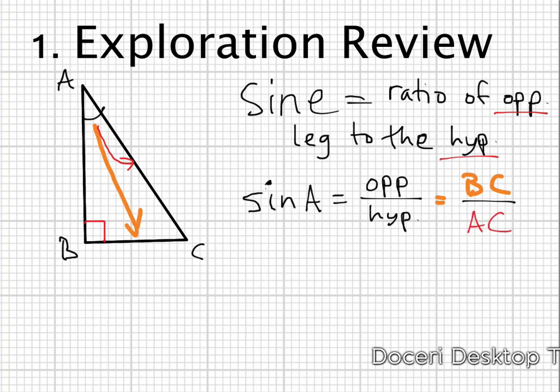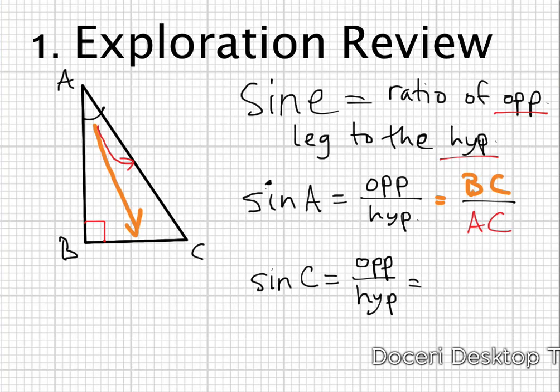Okay? So, sine of A is always going to be opposite leg over the hypotenuse. In this situation, it's BC over AC. If I ask you to find the sine of C, it's still opposite over hypotenuse. The ratio doesn't change. The only thing that does change is which sides you're using.